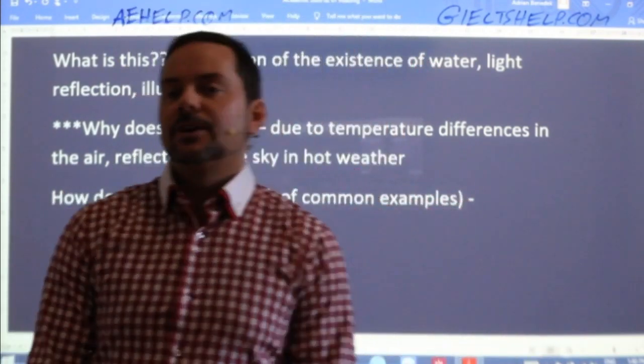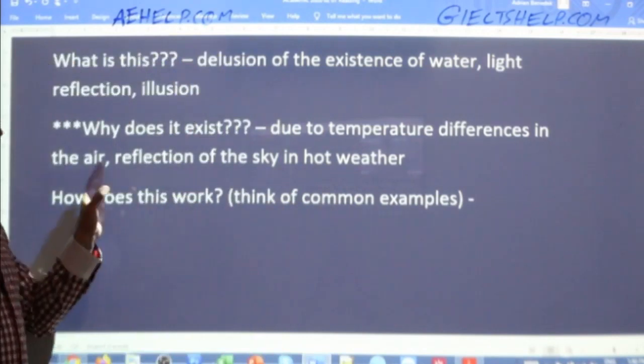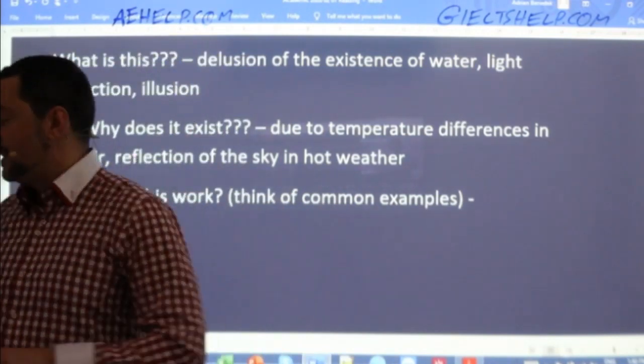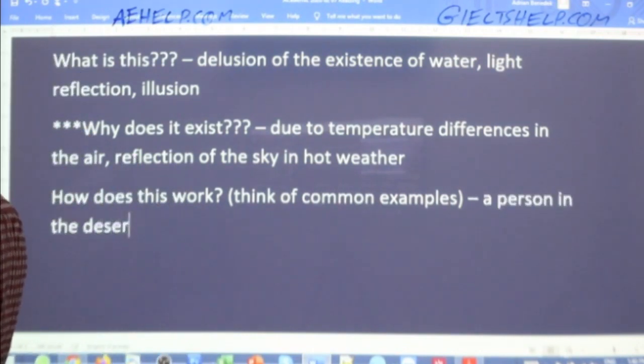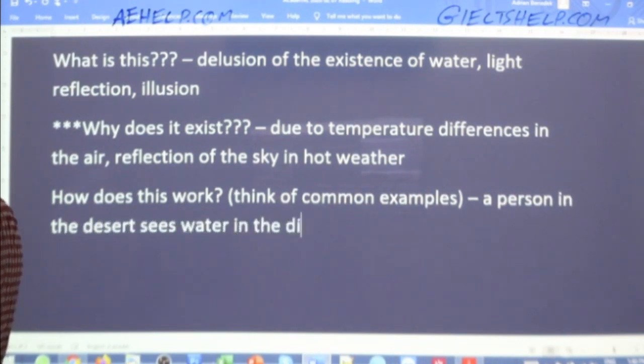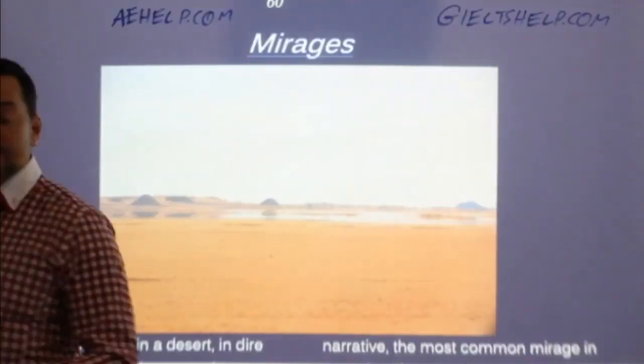Okay, so Rajveer, for the how, when you're thinking about the how, reflecting on the title, then what you want to do is a person in the desert sees water in the distance. Okay, and that's good. That's kind of what this picture is showing here, right?